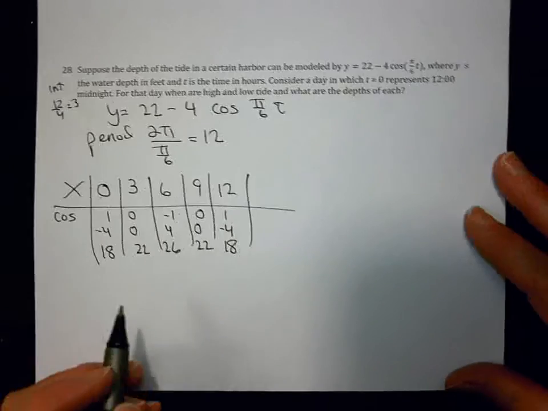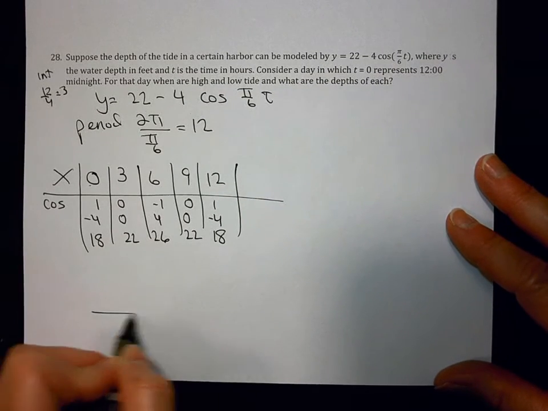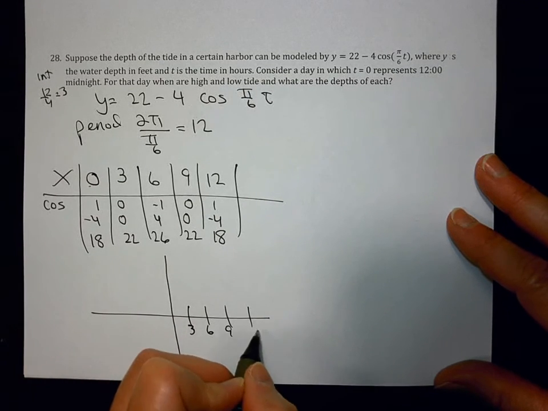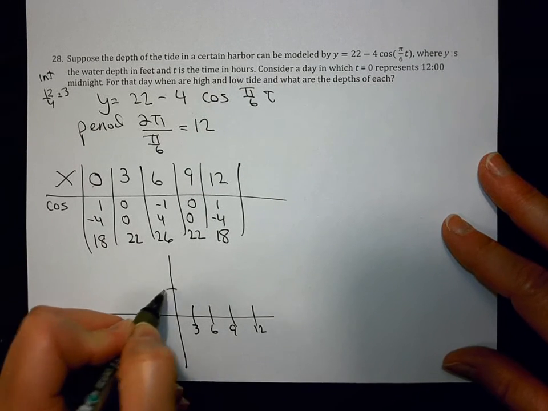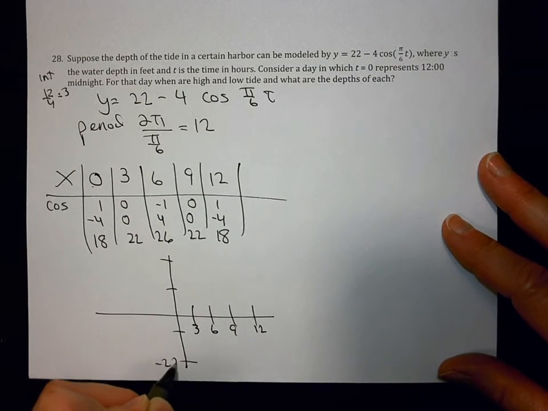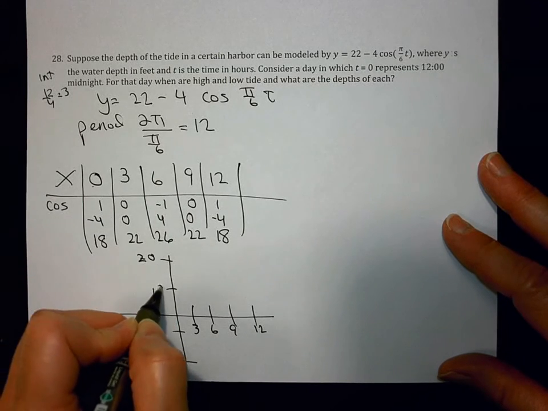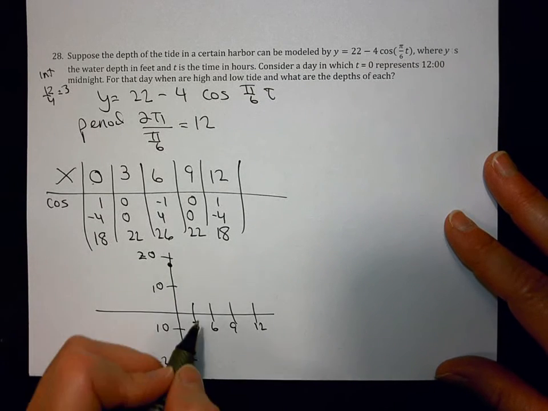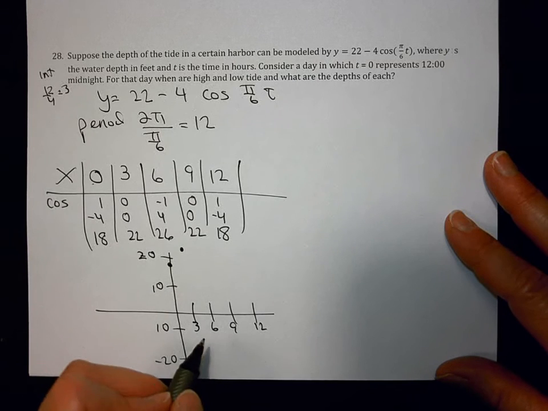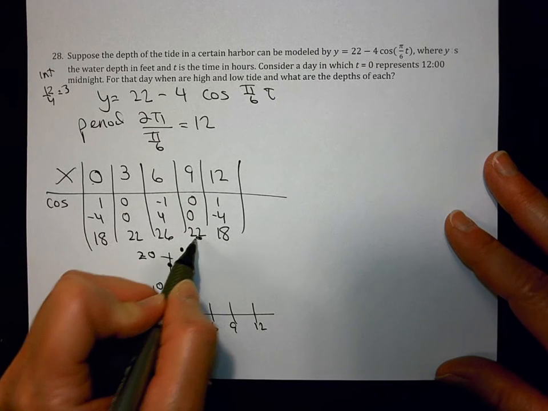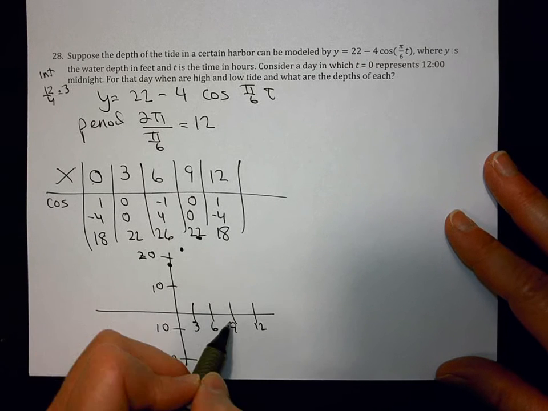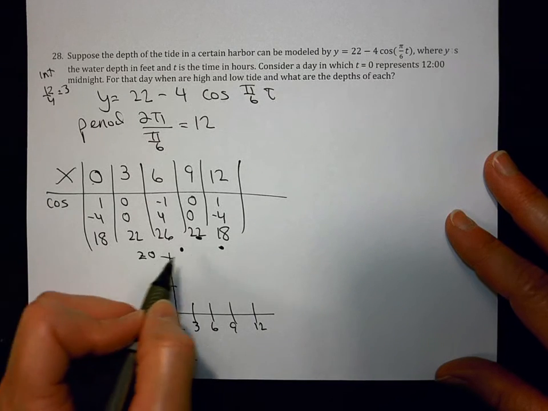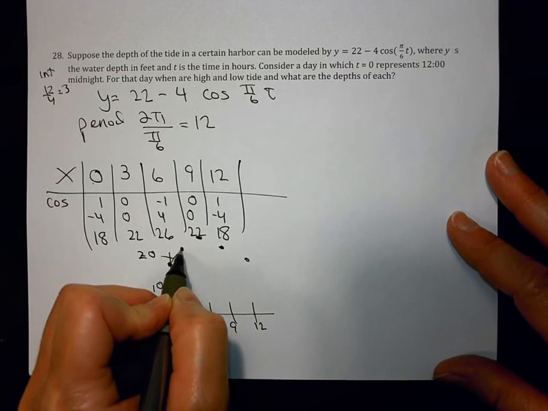So if we graph this, okay, so we're at 0 is up at the 18, 3 is at the 22, 6 is up at the 26, 9 is back at the 22, and 12 is at that.